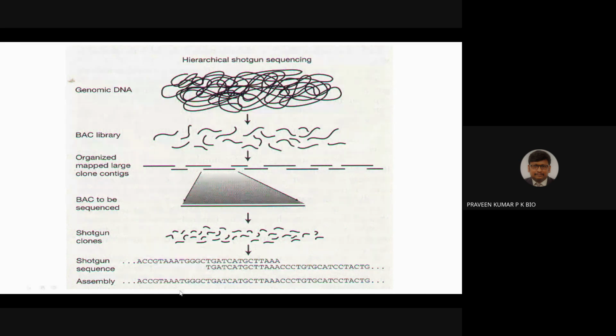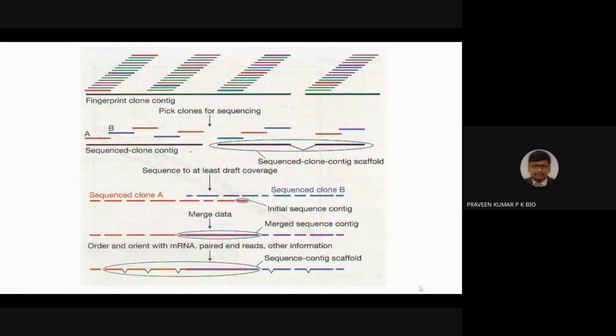We organize it, map large clone contigs, and we find a bacterial artificial chromosome to be sequenced. Again you use a shotgun, go for mapping, and after mapping we get a sequence assembly. Through the sequence assembler, the final assembled sequence can be retrieved.